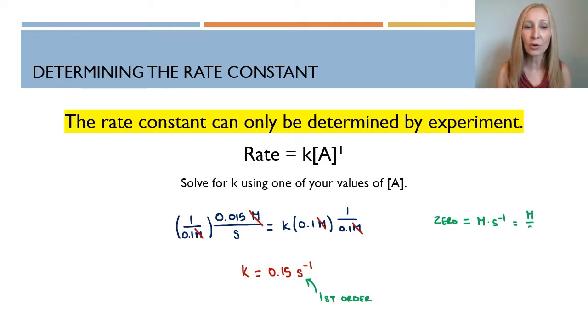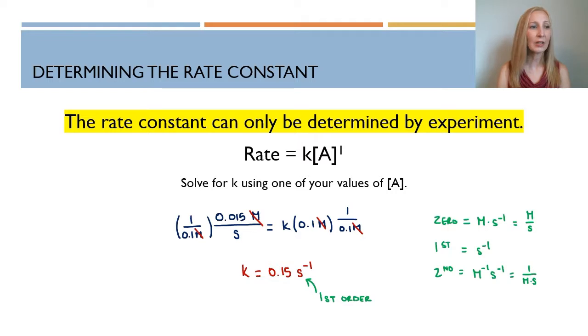So for a 0 order reaction, the units are going to be molarity per second. For a first order reaction, the units are seconds to the negative 1, or per second. And for a second order reaction, you're going to have molarity to the negative 1 times seconds to the negative 1, or 1 over molarity times seconds. So you can write it either way.